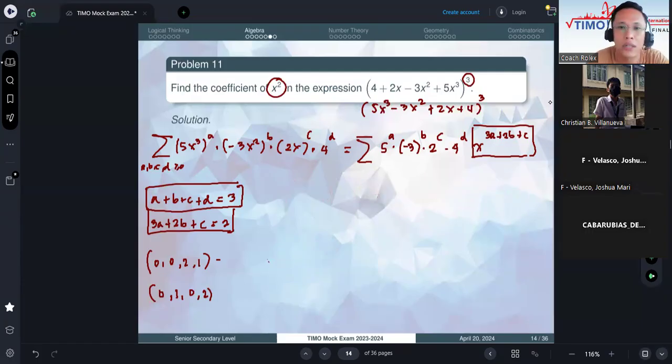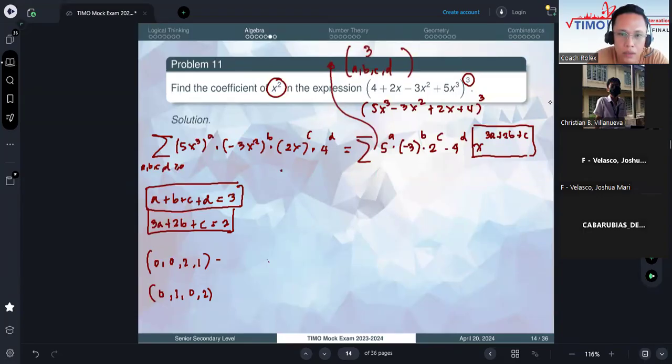This one we still have from here. Okay, we will insert from here the 3 taken A, B, C, D. So from here, we will have 0, no?